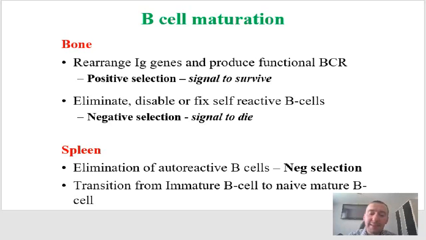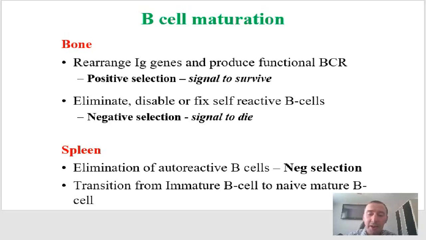So the B cells arrive in the spleen and they automatically become transitional B cells. The whole concept of these transitional B cells is that they get a further check, a security blanket, if you like, for the immune system, where they undergo another process of negative selection to make sure that these B cells do not have a B cell receptor that reacts against self-antigen.